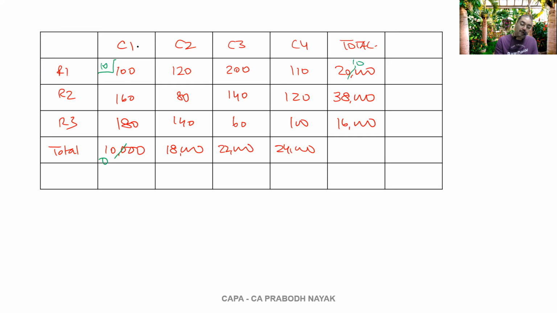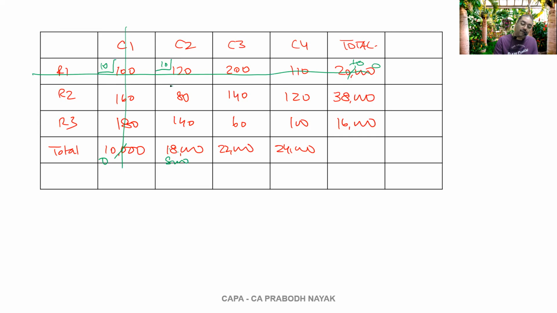So first allocation, this cancels off. Second allocation will come here. It is again 18,000 or 10,000, whichever is less. So it is 10,000. So 10 will come. 10 and 10 will be 0. 18 minus 10 will be 8,000. This cancels. Second allocation is over.